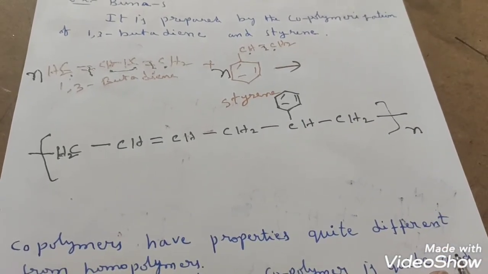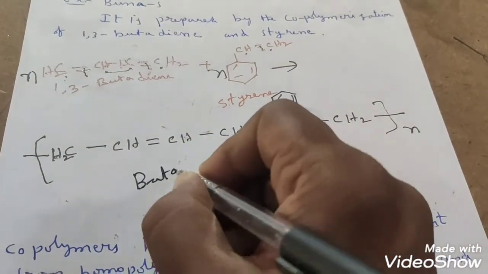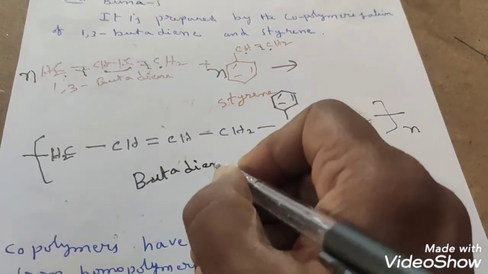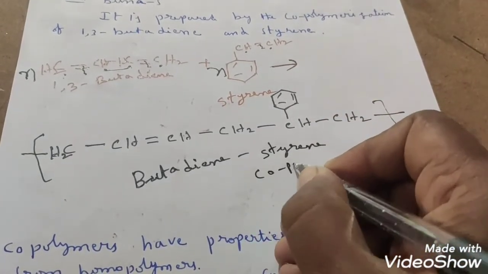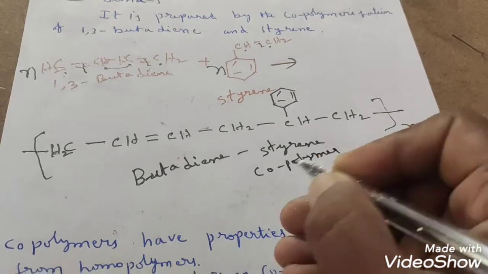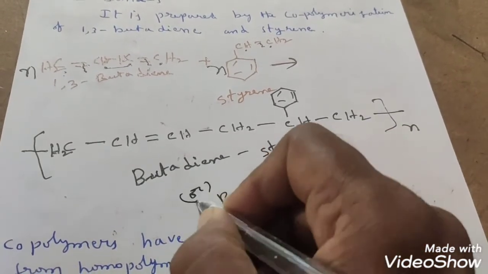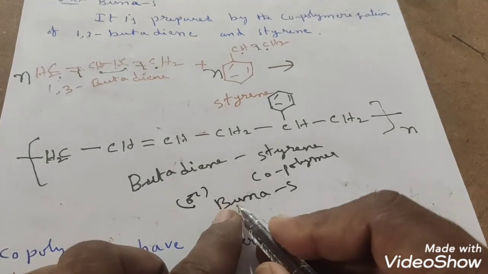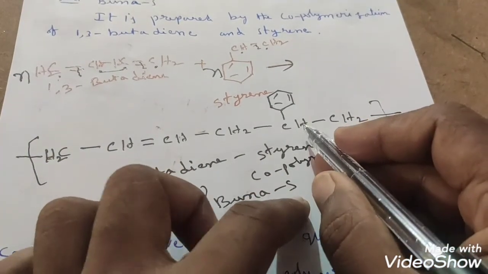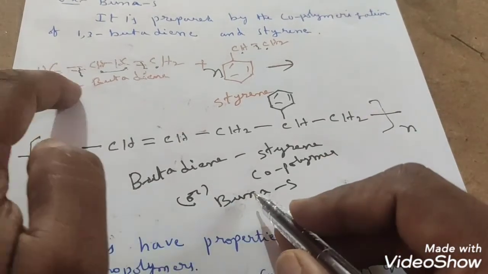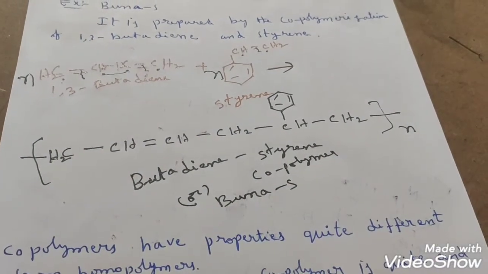That polymer we can call butadiene styrene copolymer. This is a copolymer, right? We can also call it Buna S. Buna came from 1,3 butadiene, and S came from styrene. On polymerization of 1,3 butadiene and styrene, we have got the Buna S polymer, students.